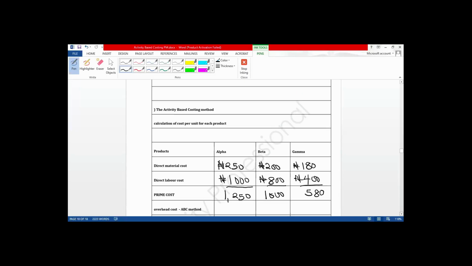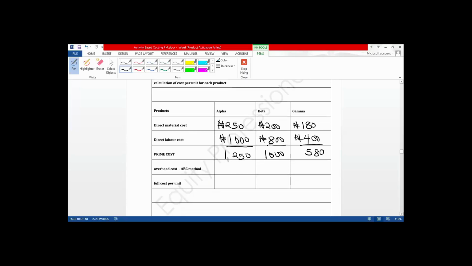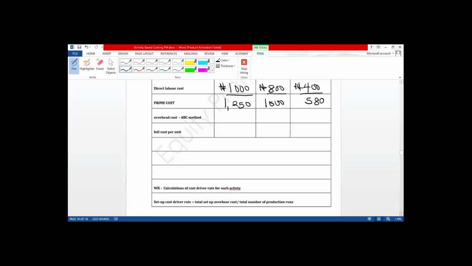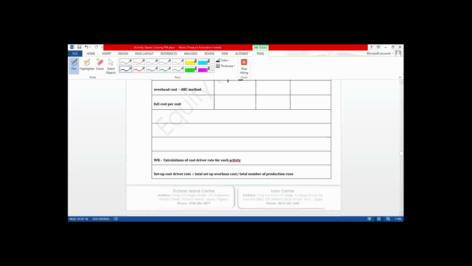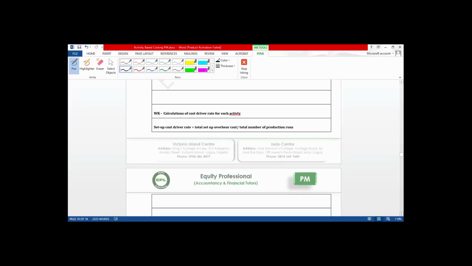Let's go to this. Our first working: calculation of cost driver rates for each activity.